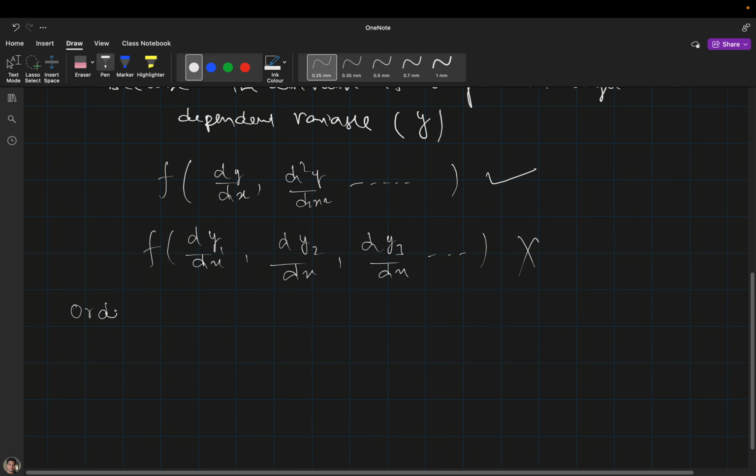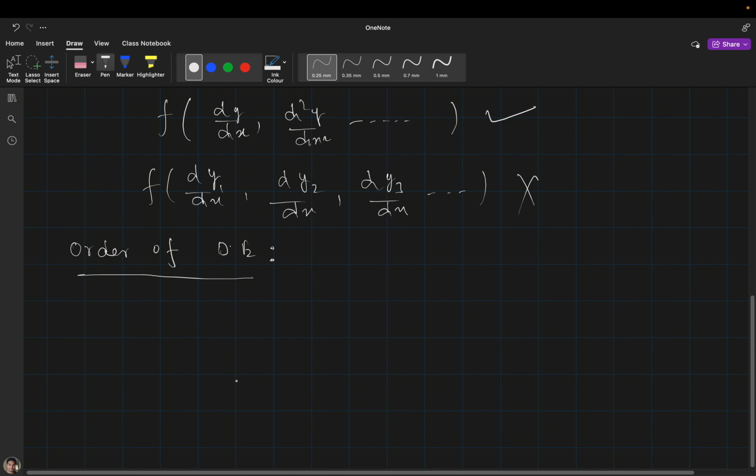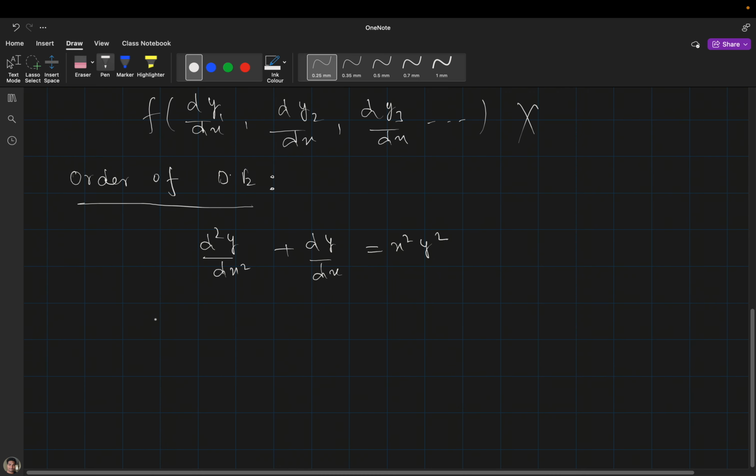What is called the order of a differential equation? Suppose you have the same differential equation that I wrote earlier, that is d2y by dx square plus dy by dx equal to x square y square, and in other words you can also write it like this.